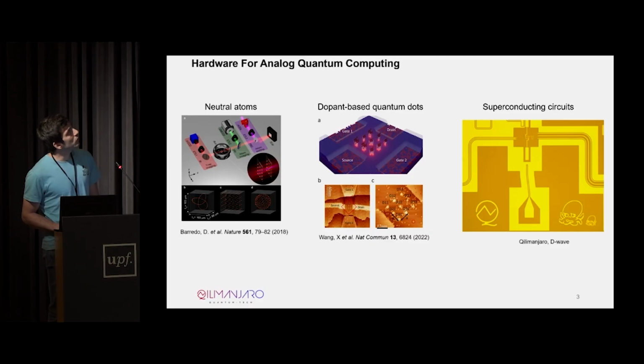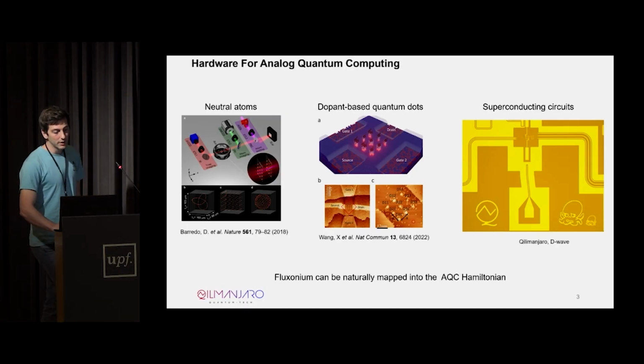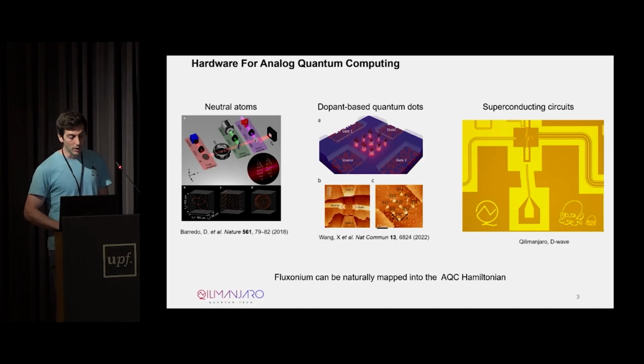People are also trying to use dopant-based quantum dots, and of course also superconducting circuits, which is what we are also doing at Qilimanjaro. In particular today, I want to show why we want to use superconducting qubits, and why at Qilimanjaro we are interested in using Fluxonium, which is good because it can be naturally mapped into an analog quantum coherent Hamiltonian.